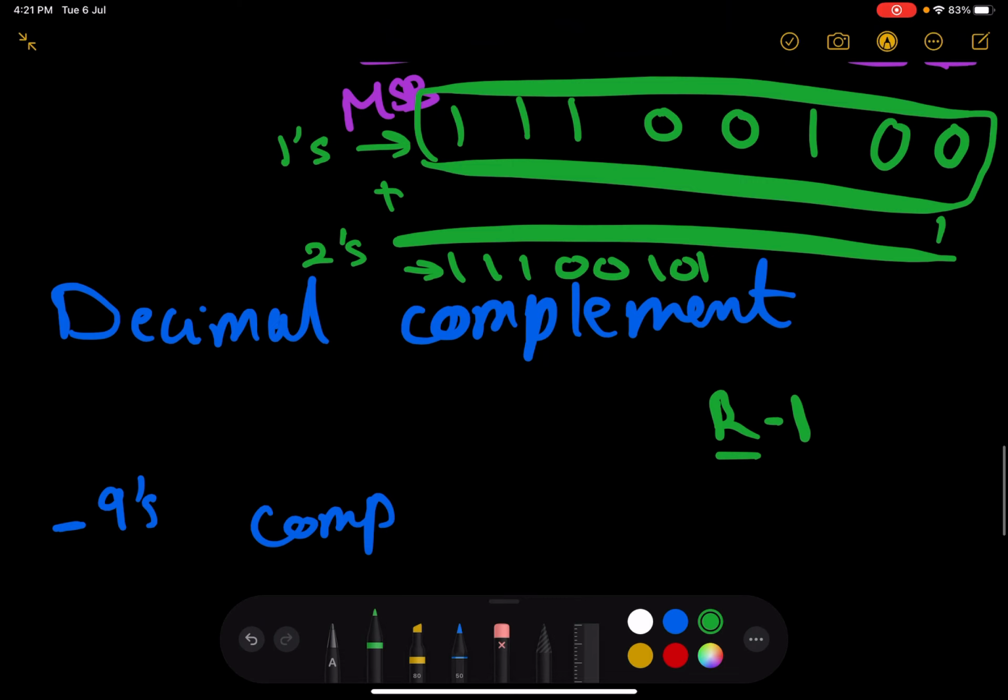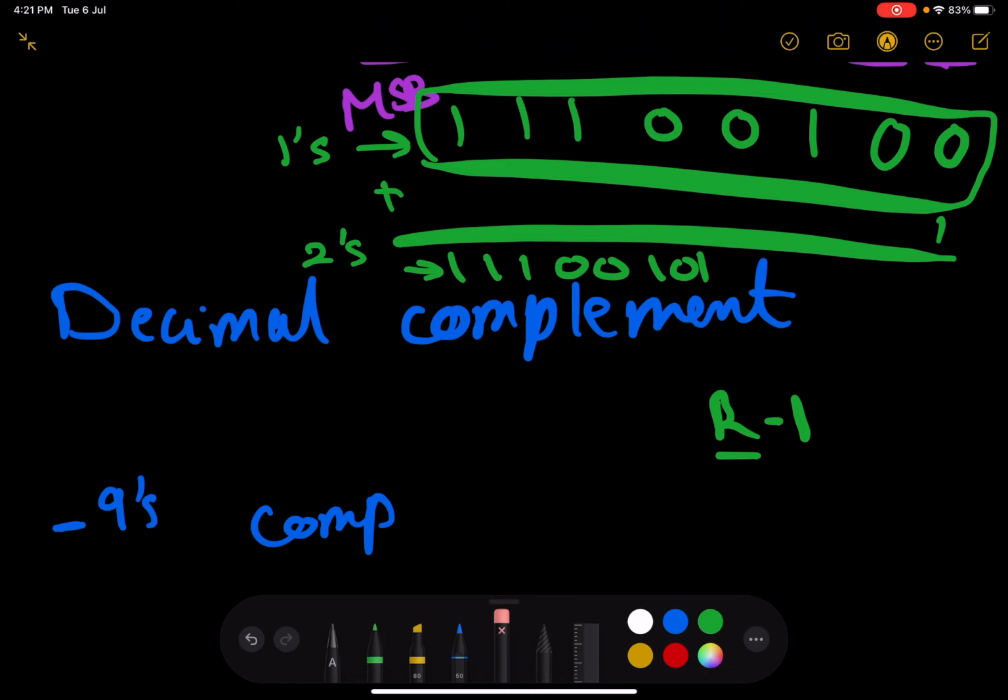Like for example, in decimal system our base is 10, so 10 minus 1, our first complement is 9's complement. Then we have r's complement, so we have 9's complement and 10's complement.